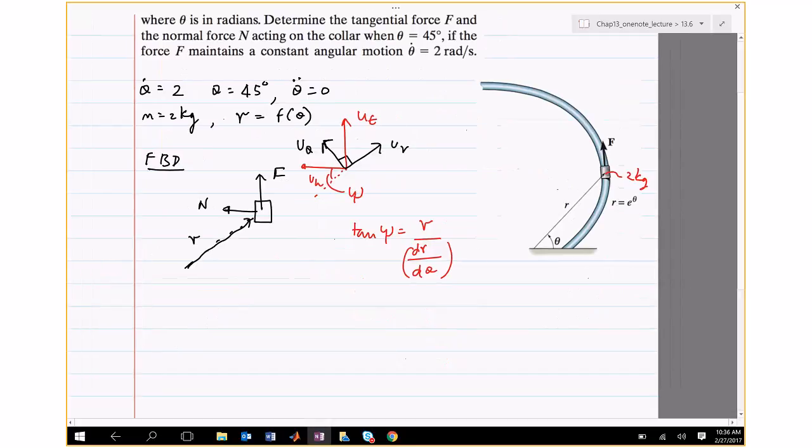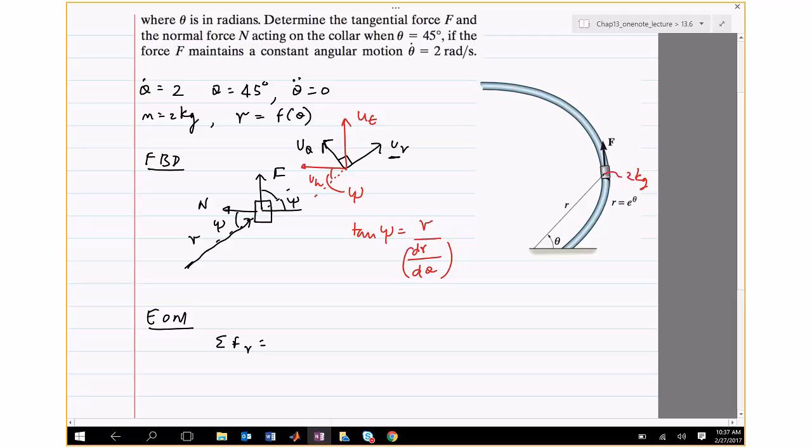So let's write the equations of motion. Net force in the r direction. Since this is 90, this is also going to be psi, that's going to be 90 minus psi.